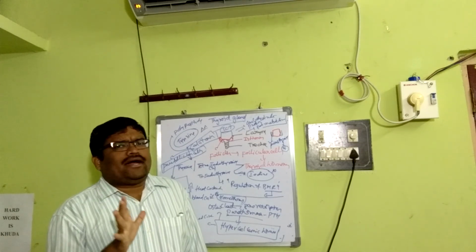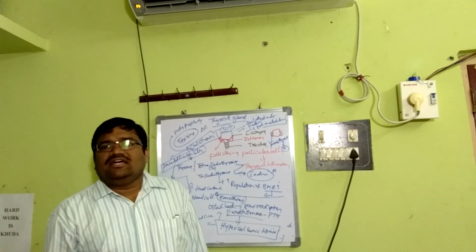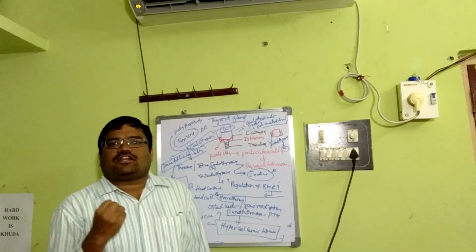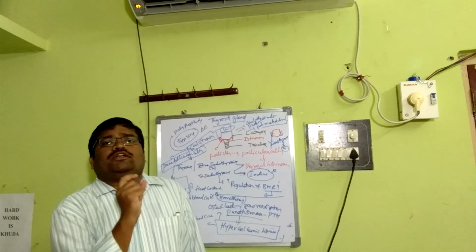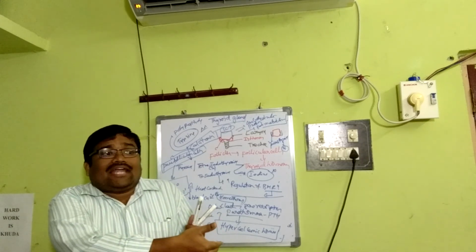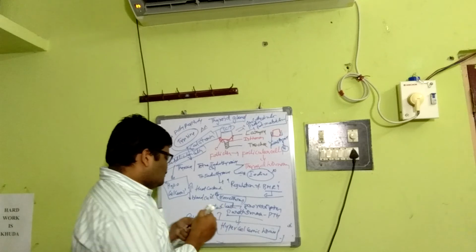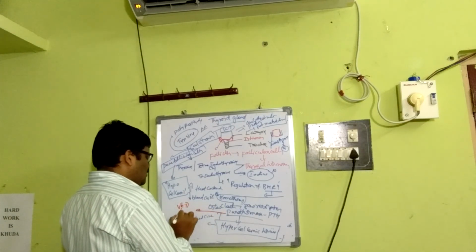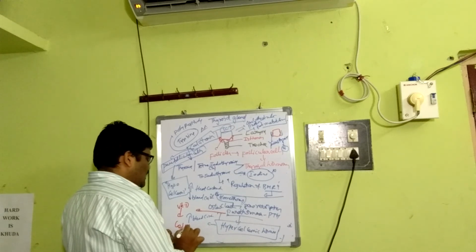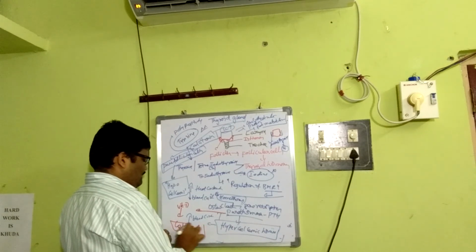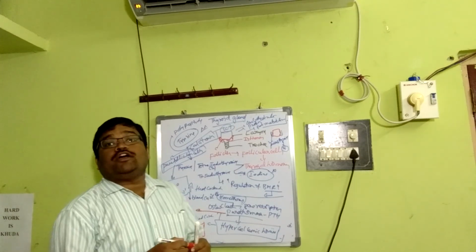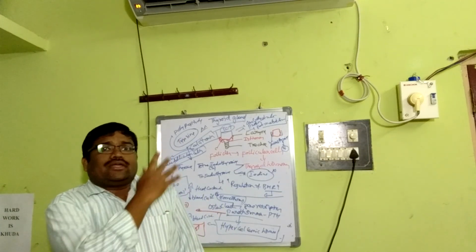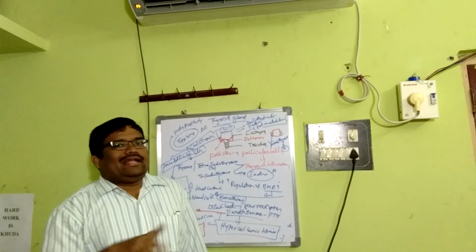In addition, the parathyroid hormone also activates vitamin D. Calciferol is the inactive vitamin D, which becomes activated into calcitriol, 1,25-dihydroxycholecalciferol. This is very important. The conversion of vitamin D, calciferol to calcitriol, is also done by parathyroid hormone.